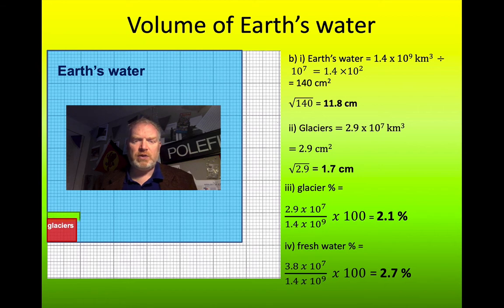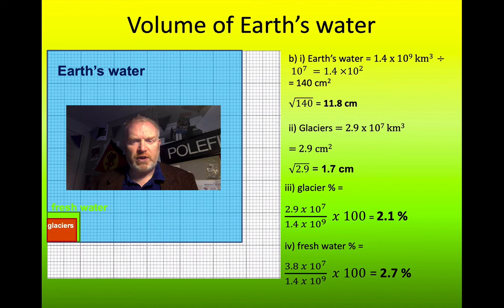If we actually start working out some percentages here, the percentage of the Earth's water that's in glaciers, if we take the volume of glacial water, divide it by the total volume of water, multiply by 100, it's 2.1%.